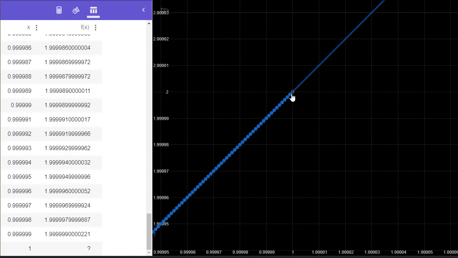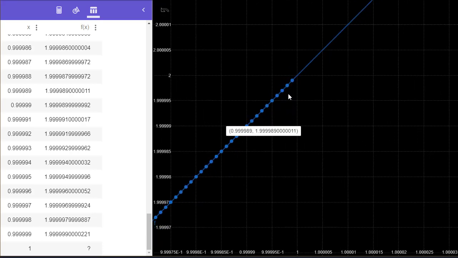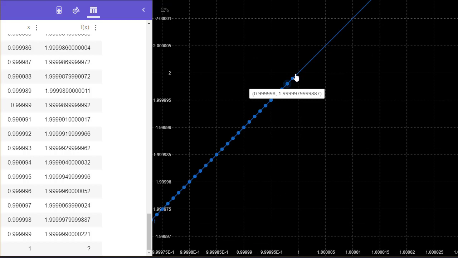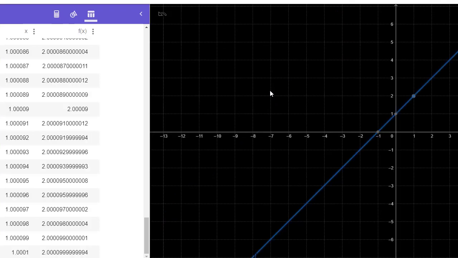As the x's get closer and closer to 1, the y's are getting closer and closer to this point here, which is the removable discontinuity. We'll talk a little bit about that later, but specifically the y values are getting closer and closer to 2.